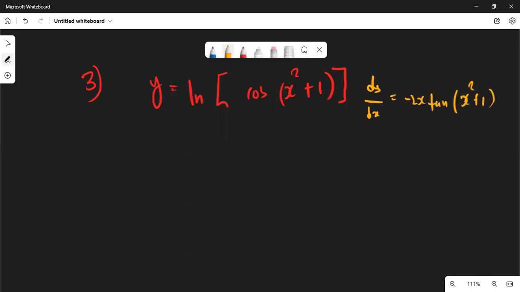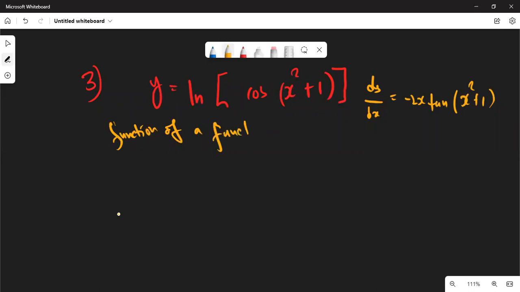This is what we are being asked to prove at the end of the question. If you cross-check, this is a derivative. How do we simplify this type of derivative? We can use our chain rule, that is, function of a function.